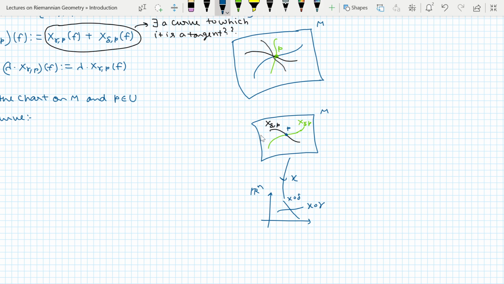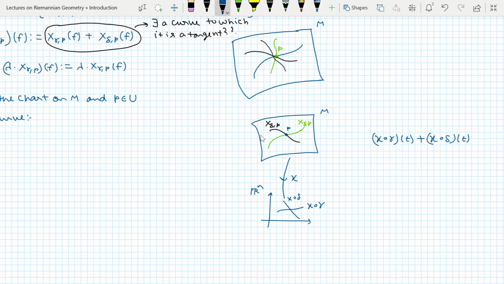Now in R^n we know how to do anything. So you sum it up here: x∘γ and x∘δ, and after summing whatever you get, you map it back to the manifold.